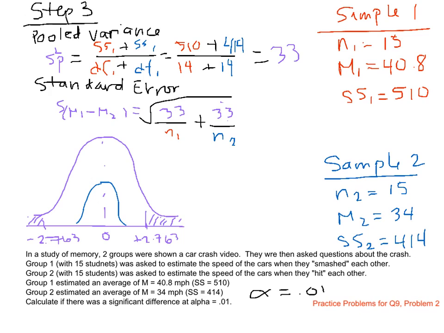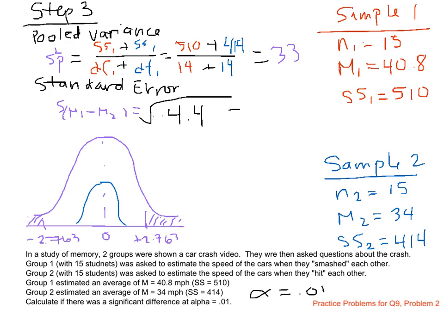Both ns are 15 for sample 1 and sample 2, so I'm going to replace it with 15. The next thing I'm going to do is do the divisions first. So I'll do 33 divided by 15 and 33 divided by 15. And for both of these, you should get 2.2. And so the next thing I'm going to do is 2.2 plus 2.2, and that should give me 4.4.